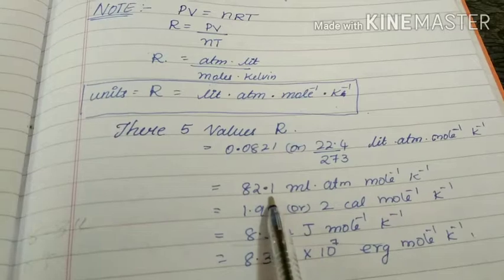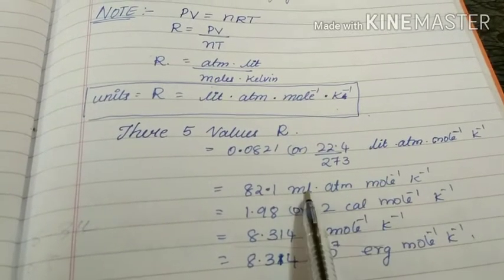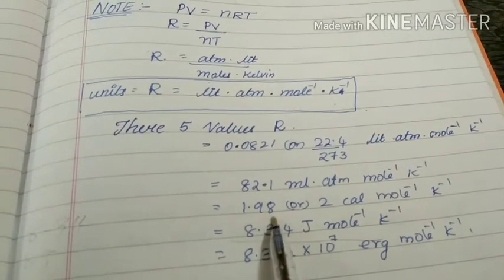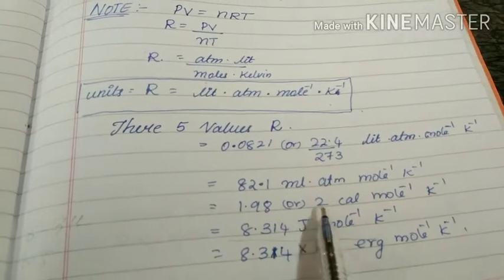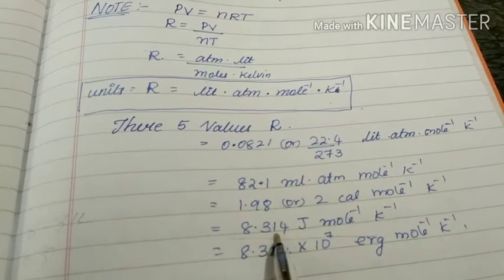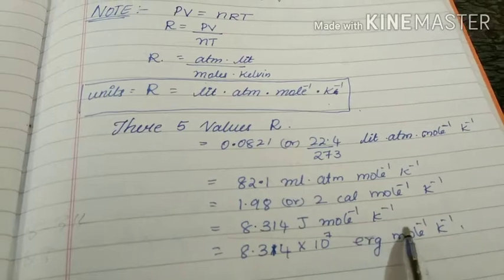It is also 82.1 milliliter atmosphere mole inverse Kelvin inverse, if you convert liters into milliliters. Then this one is 1.98, almost 2. This is the value in calories per mole per Kelvin. This is the value in joules, that is 8.314 joules per mole per Kelvin.